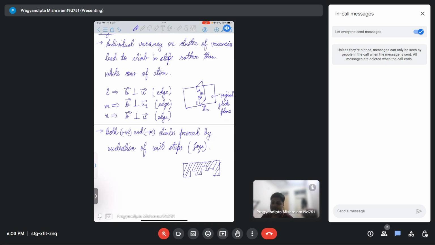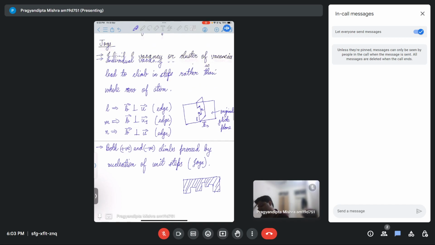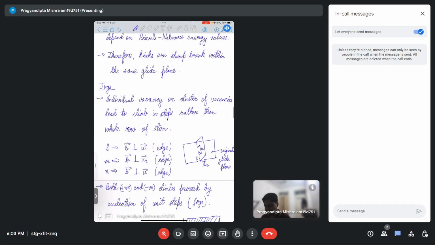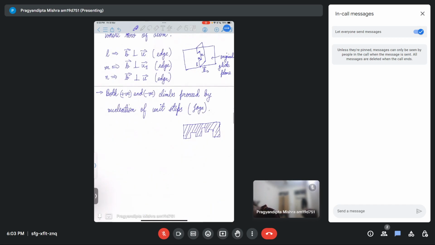Okay. And one important point to note, something that we talked about in kinks also. Kinks are sharp breaks within the same glide plane, right? We talked about that. Jogs are sharp breaks outside the plane.